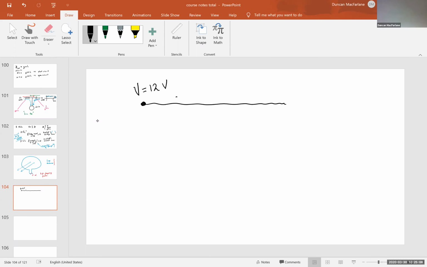What is the voltage at this point of the wire here? Well, if the wire conducts perfectly, V equals IR, there's no resistance down this very nice metal wire. So this voltage here should also be equal to 12 volts.